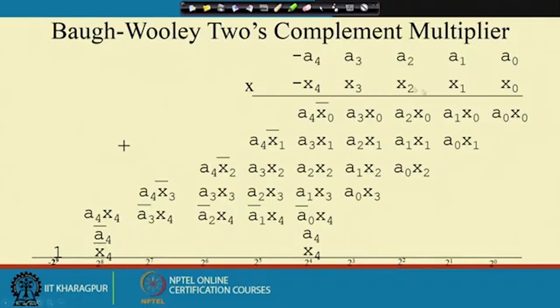So, then we have seen that Booth multiplier, 2's complement Booth multiplier, is something like this. So, these are the equations which we have got in the Booth 2's complement multiplier. Now my question is, can this particular operation or this table be represented using this array multiplier architecture?